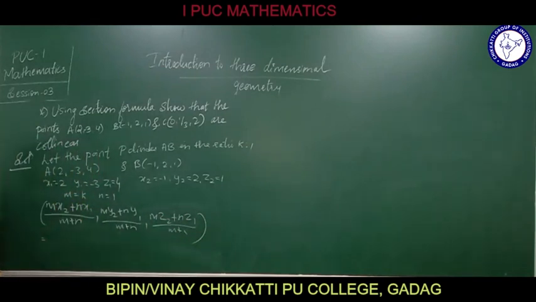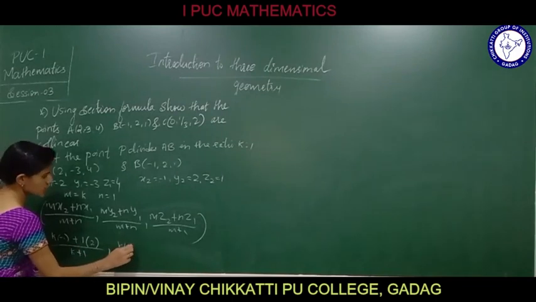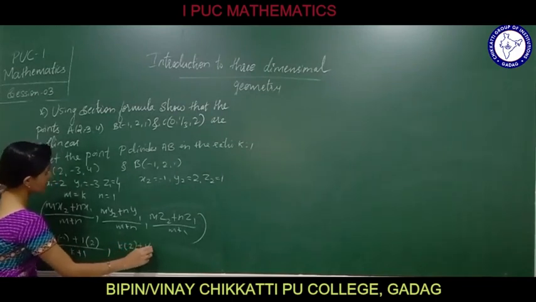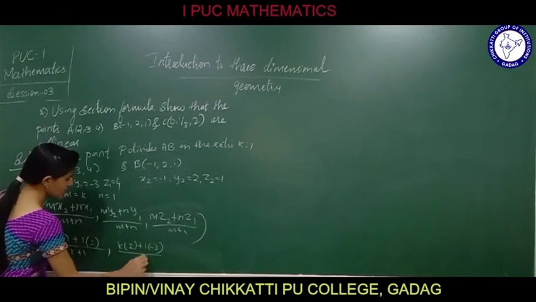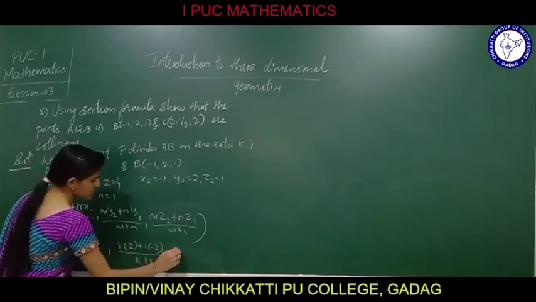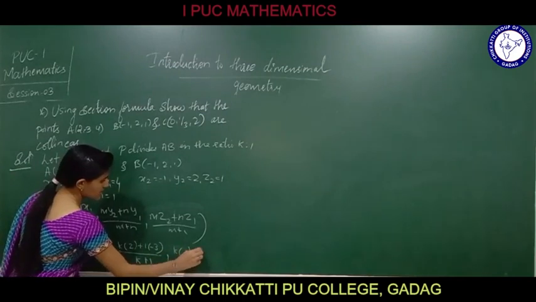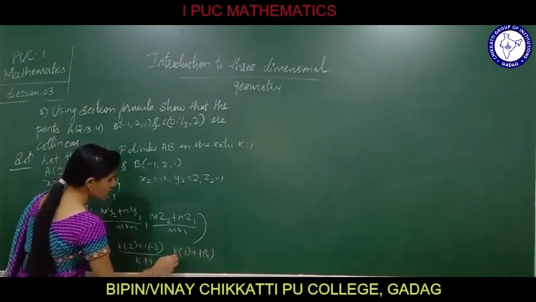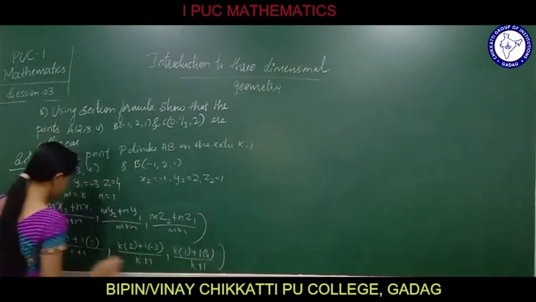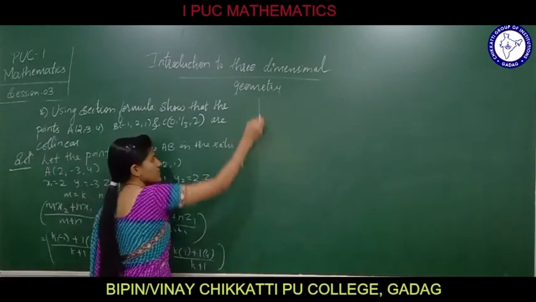In place of m we have k and in place of n we have 1. That is (k(-1) + 1(2))/(k + 1), (k(2) + 1(-3))/(k + 1), and (k(1) + 1(4))/(k + 1). Now to simplify, what are you going to get?